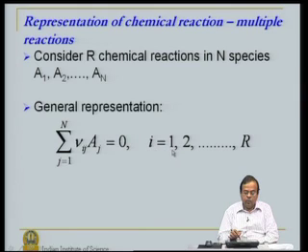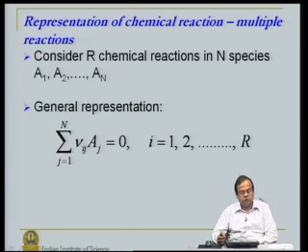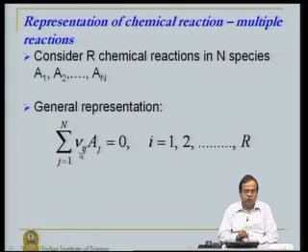So, i goes from reaction 1, 2, 3 up to whatever R reactions that I have, and the summation from j equal to 1 to n over species represents my ith reaction, and we have R such reactions. Once again, the stoichiometric coefficient is positive if the species is a product of the reaction, it is negative if the species is the reactant in the reaction.